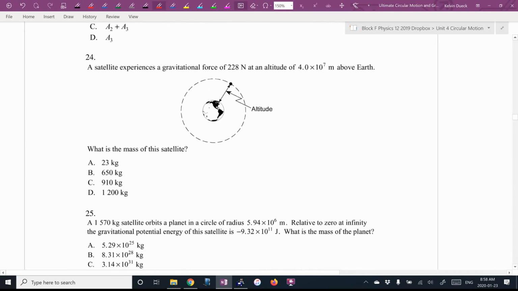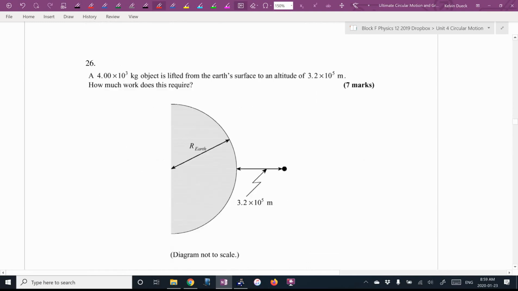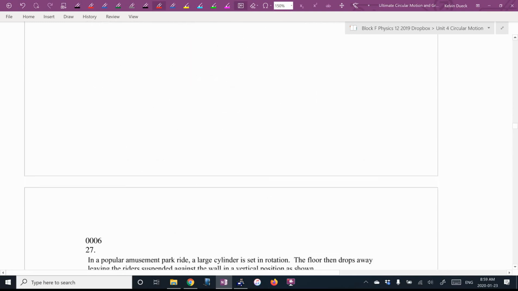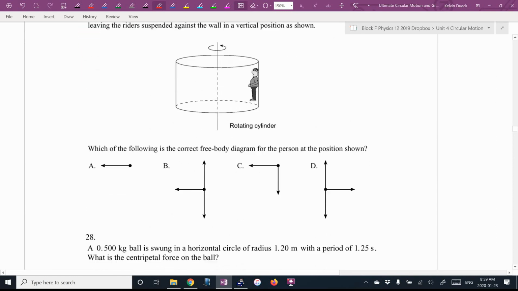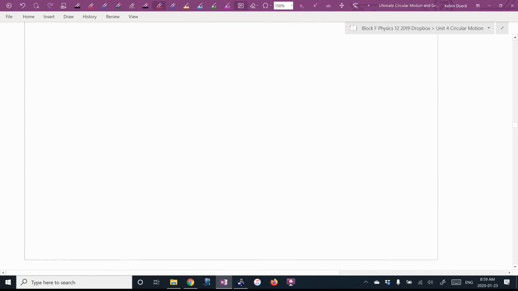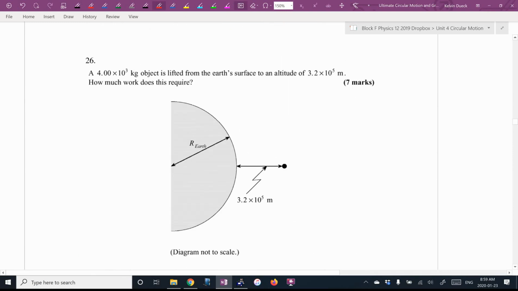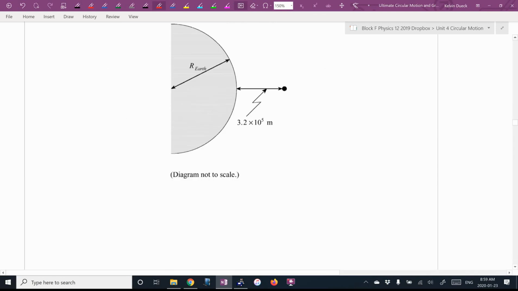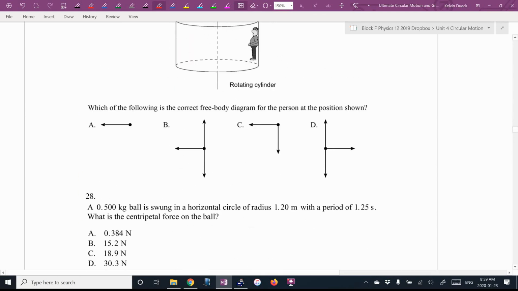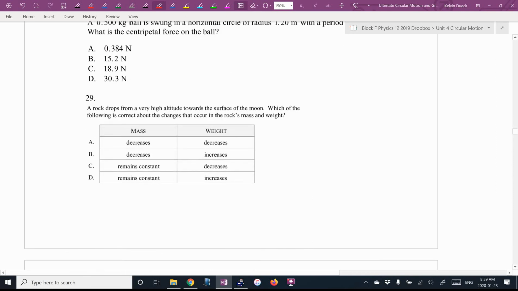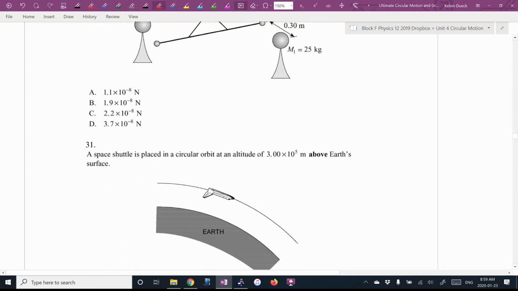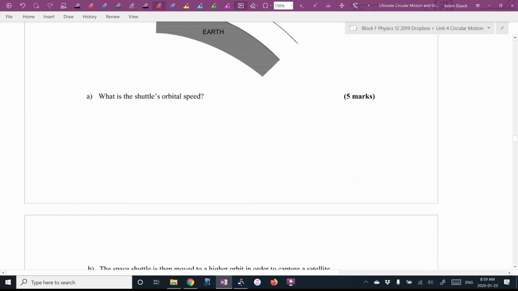Skip 23, skip 24, skip 25, skip 26. 27 is awesome. Although it just wants the free body diagram, but still. I don't remember. I think I said skip 26. Is there a planet and orbits and space? You can't do that yet. 28 is good. 27 is good. Skip 29, skip 30, skip 31.